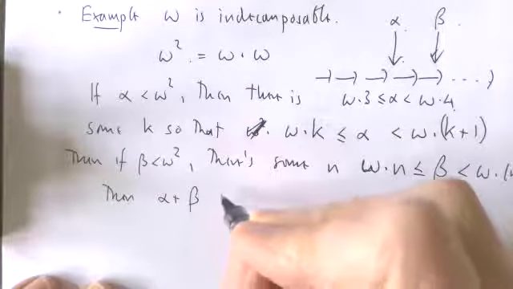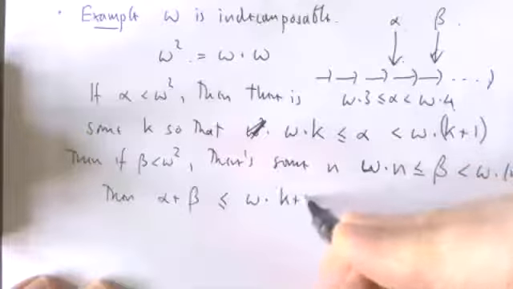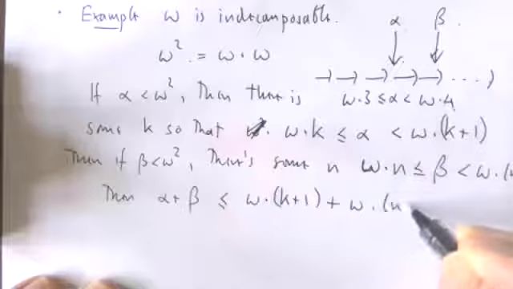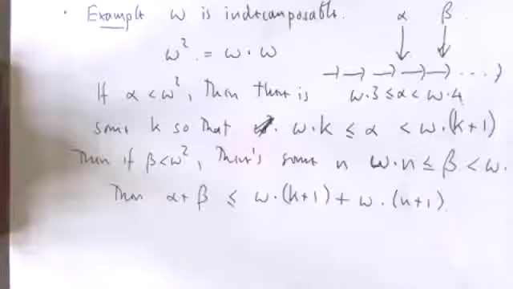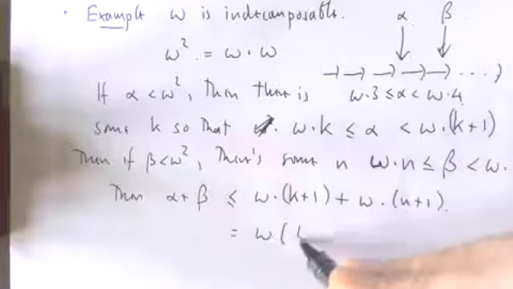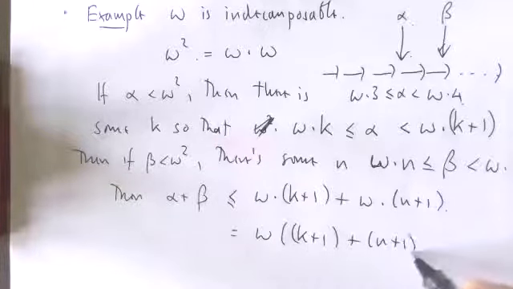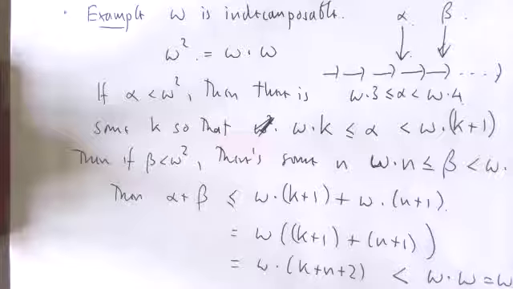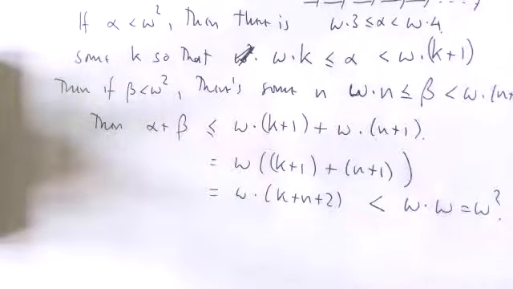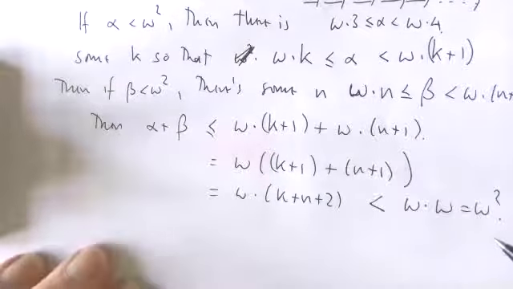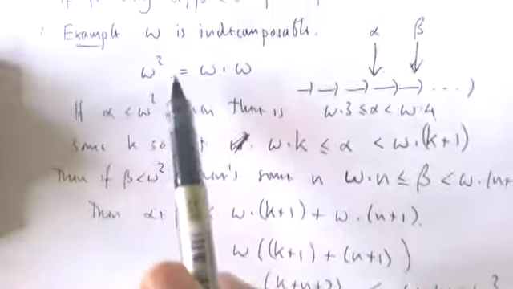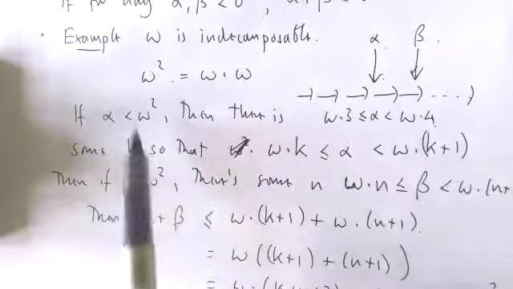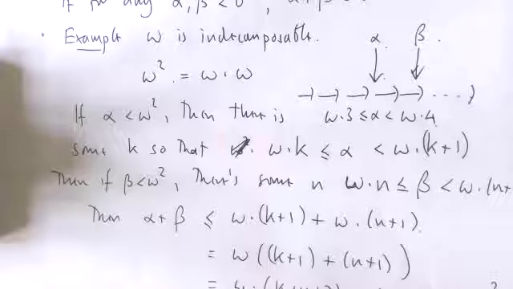Then if you add alpha plus beta, this is going to be less than or equal to omega times k plus 1 plus omega times n plus 1. By the distributivity law, this is omega lots of k plus 1 plus n plus 1. That is obviously k plus n plus 2. But the point is, this is still less than omega lots of omega, which is omega squared. So what we've just done is show that omega squared is also additively indecomposable. I pick any two things, alpha and beta less than omega squared, and their sum is less than omega squared.